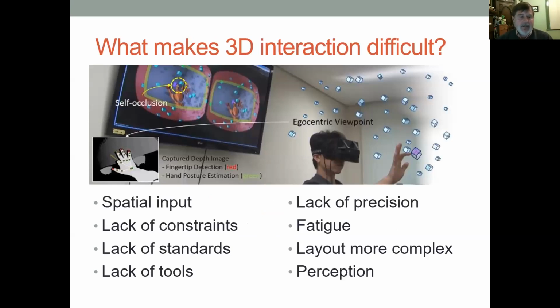So why is this difficult? Well, you're working in 3D space. It took the community 20 or 30 years to figure out how to use a mouse and keyboard correctly. Now we have another dimension, more degrees of freedom, a lack of constraints, and no standards at all, and that's an interesting research problem itself.